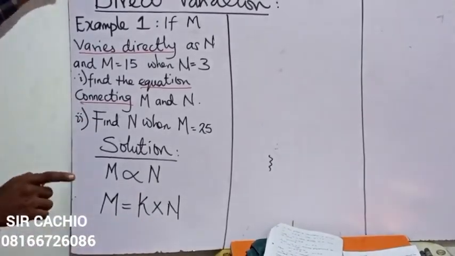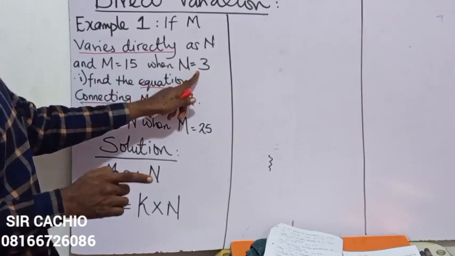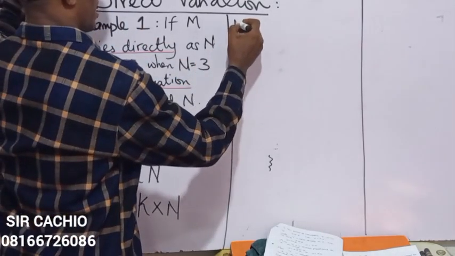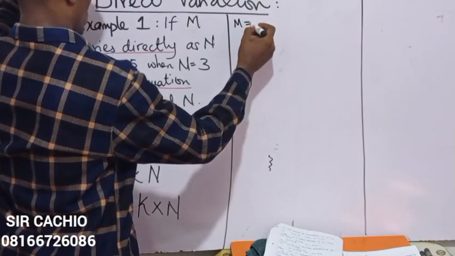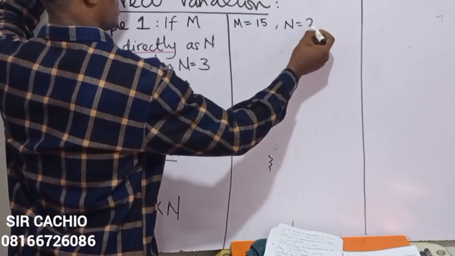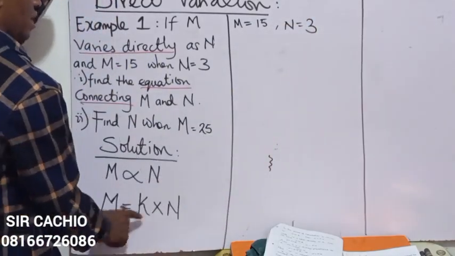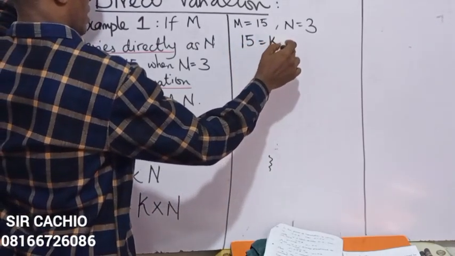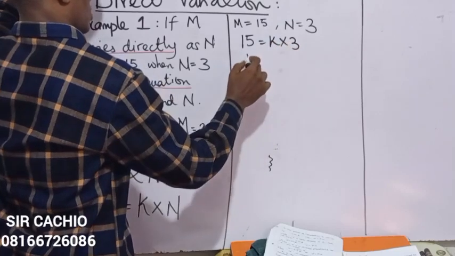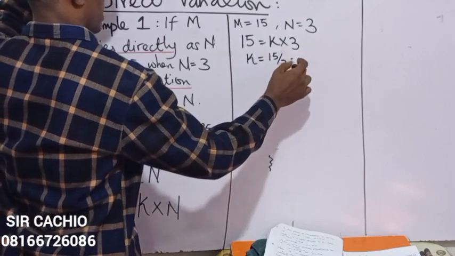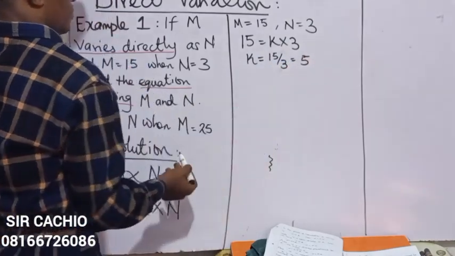After this step, the next step is to use the first numbers given. The first numbers given are m equals 15 and n equals 3. Bringing it here, we have 15 is equal to k times 3. Solving for k, we have 15 over 3, which is 5.